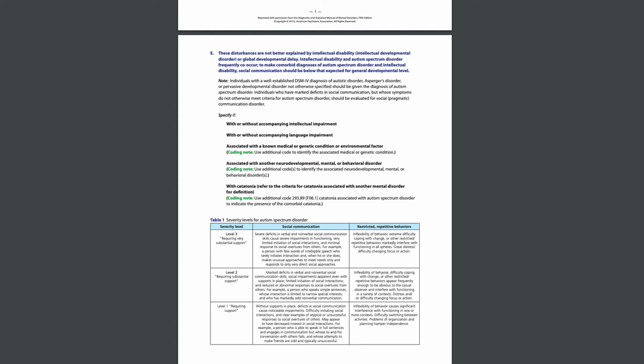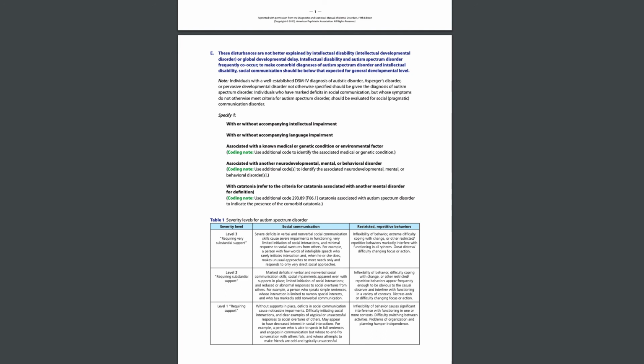In effect saying, and I know this gets thick and heavy, that if you have ID, you actually have to have social communication that's more impaired than your level of overall disability due to compromised intellectual capacity.